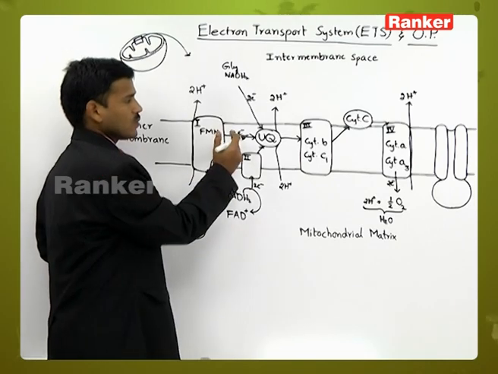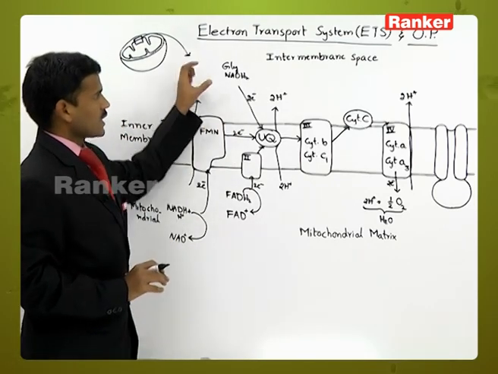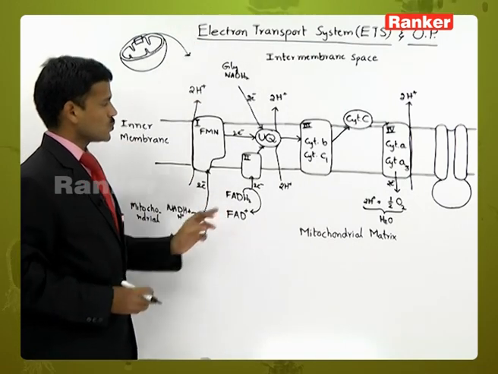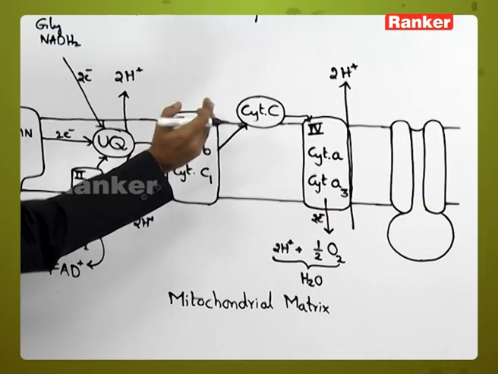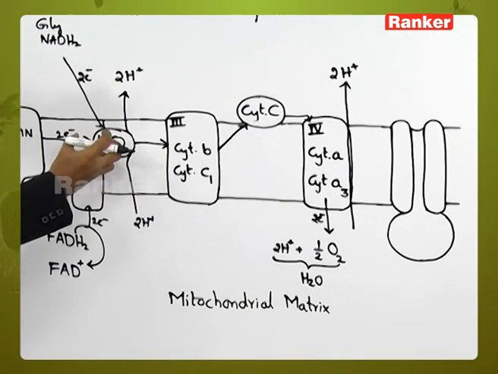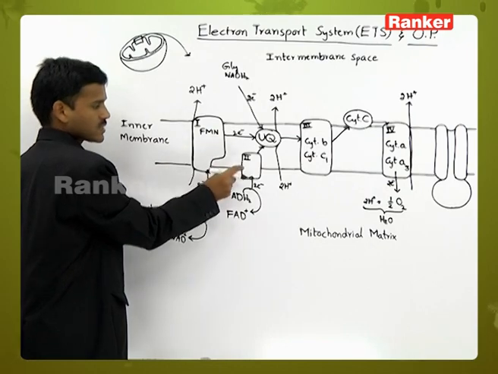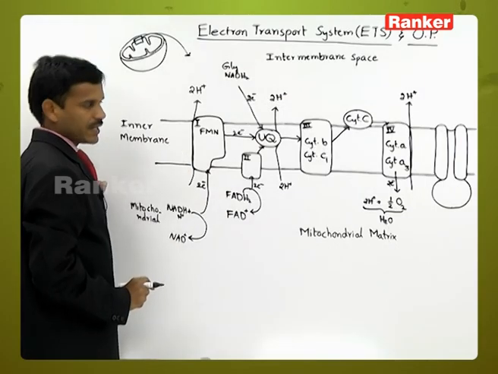So from ubiquinone it is common for all, whether it is glycolysis NADH2, mitochondrial NADH2 or FADH2: ubiquinone, third complex, cytochrome C, fourth complex, up to oxygen. But ubiquinone receives electrons from the first complex, sometimes the second complex, or from glycolysis NADH2.